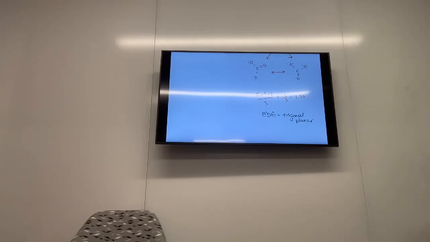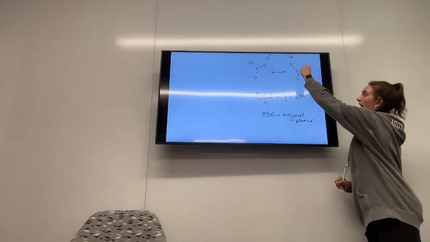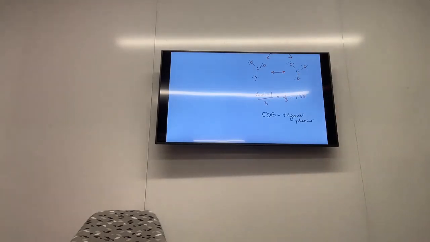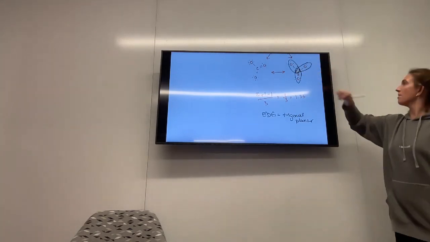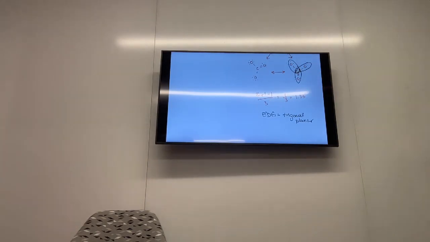We got that from the electron domains. When we're looking at this molecule, I tend to think of these as groups of things. You can draw a circle around this, this, and this. So that's 3 electron domains you're working with. If we had a lone pair here, then you could draw another electron domain, so then you would have 4 electron domains.